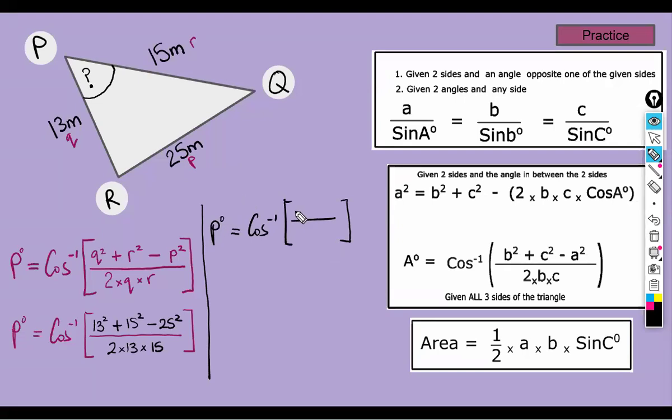On top, I am seeing minus 231. You all can agree with that? Minus 231. Great. Underneath, 2 by 13 by 15. I'm getting 390.